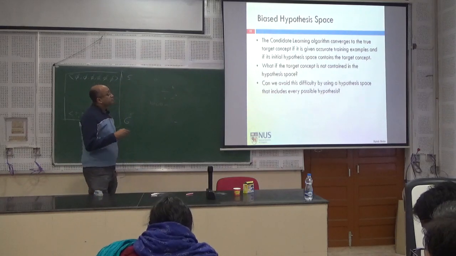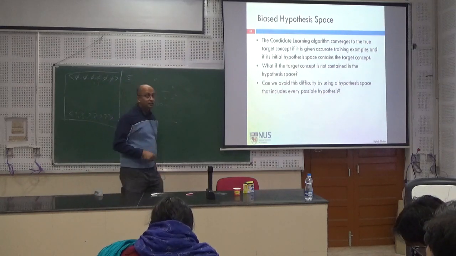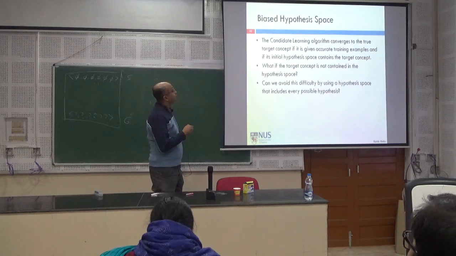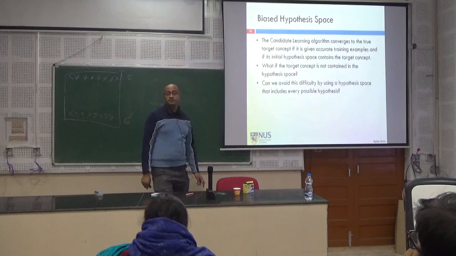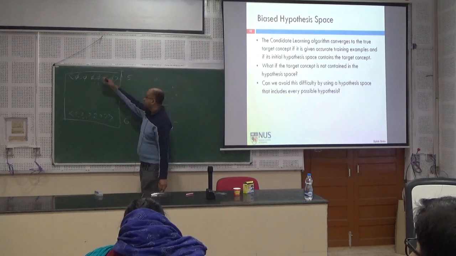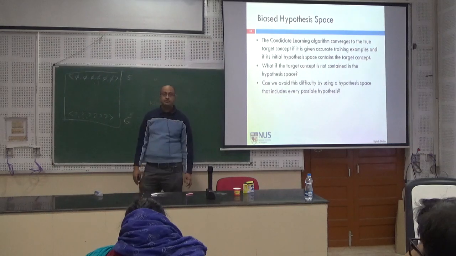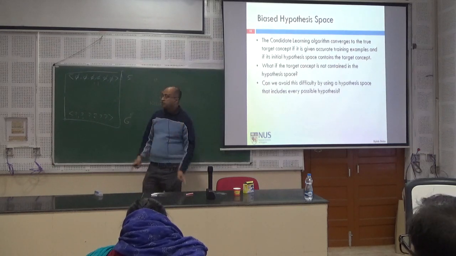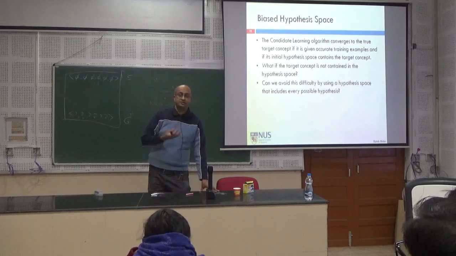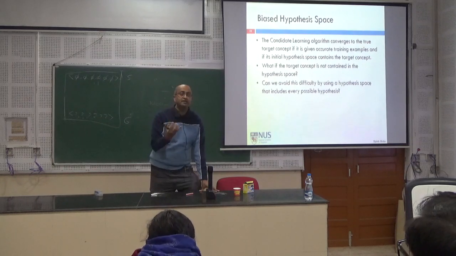The other thing, which is fairly important for you to understand, is that there is a bias in the hypothesis space. I'm saying this is my entire hypothesis space, but this is the entire hypothesis space of conjunctive hypotheses, where you have AND conditions.